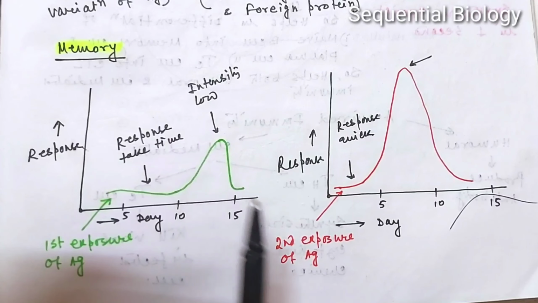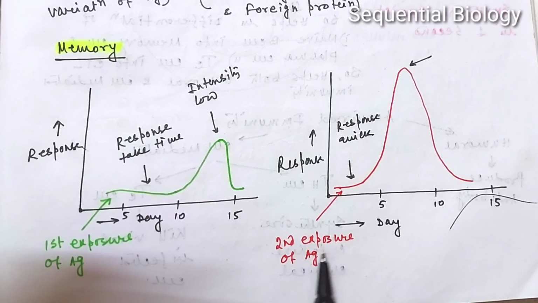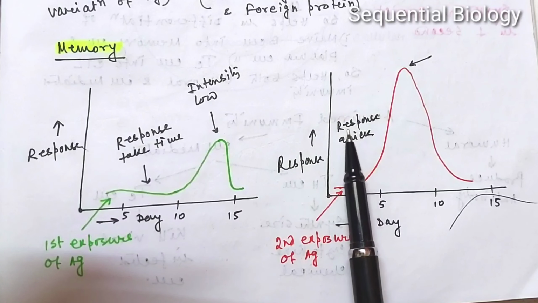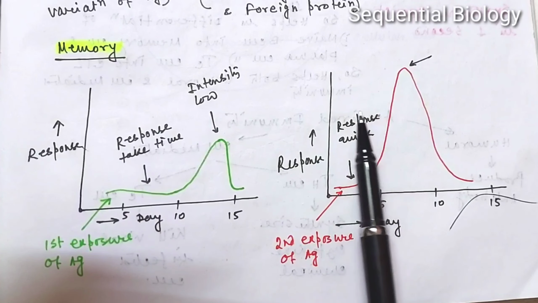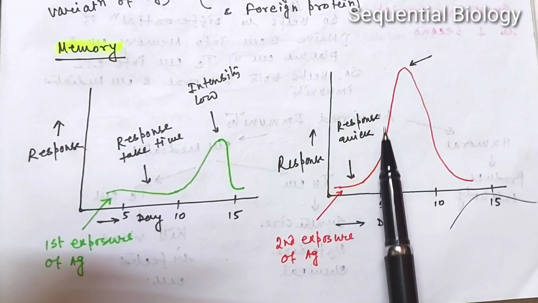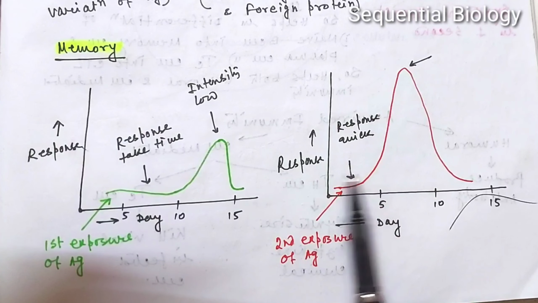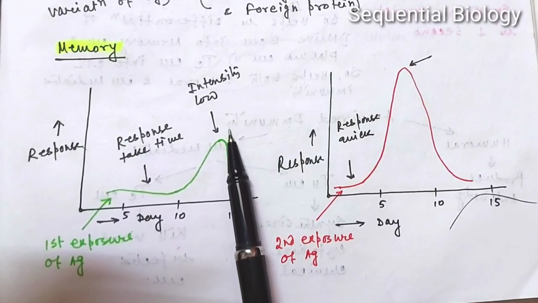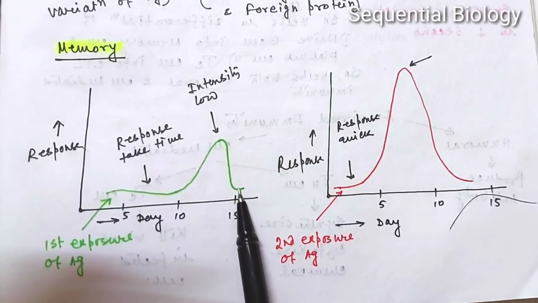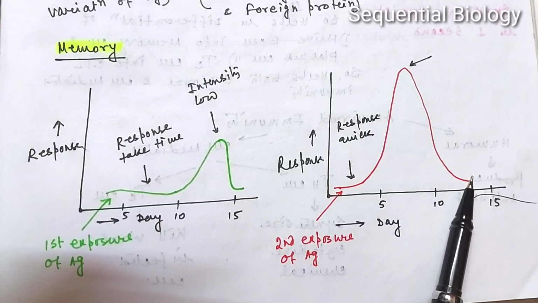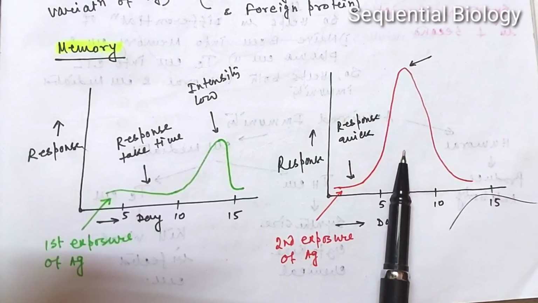But when the same type of antigen enters our body a second time, the immunological response is quick, and also heightened. Here you can see the heightened immunological response, because due to the presence of many memory cells, these memory cells become active.